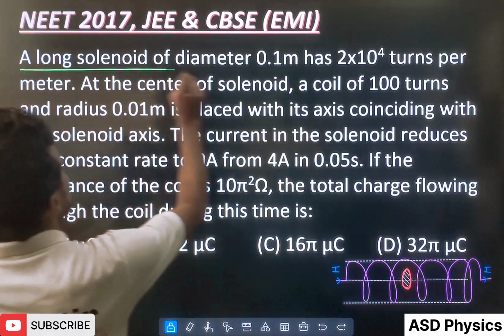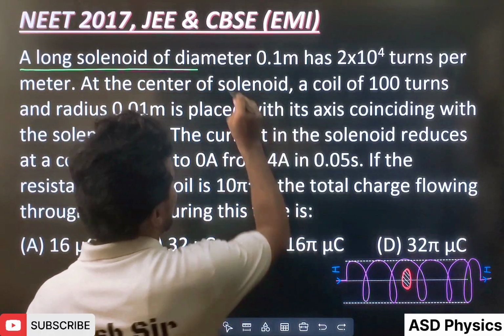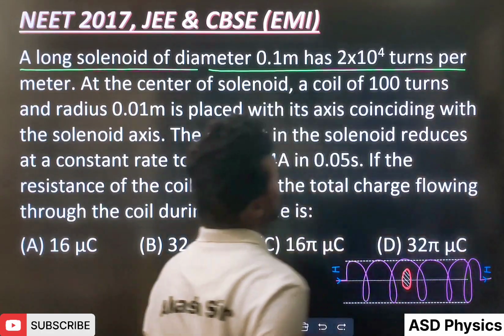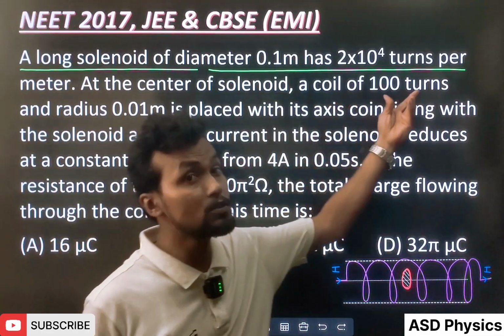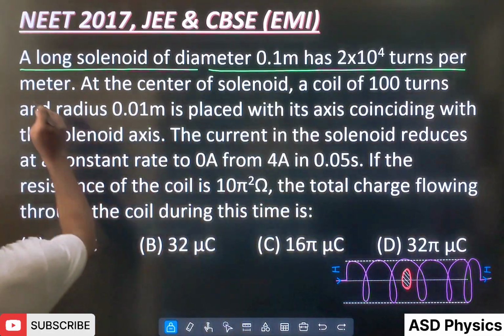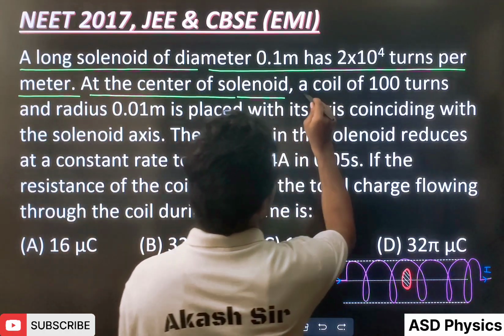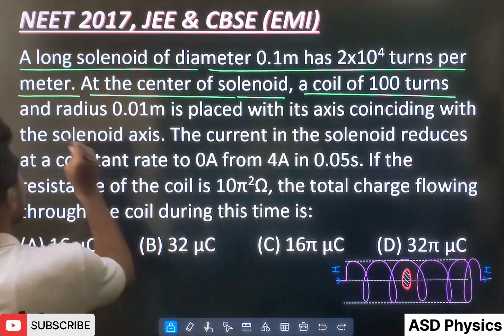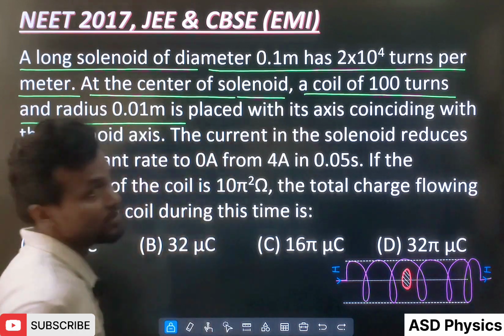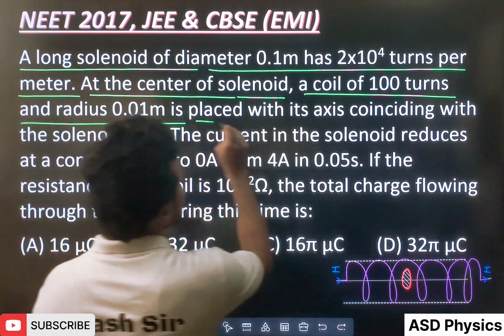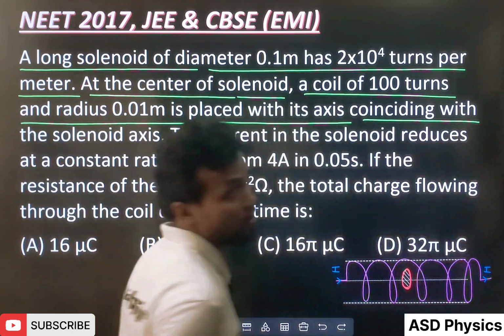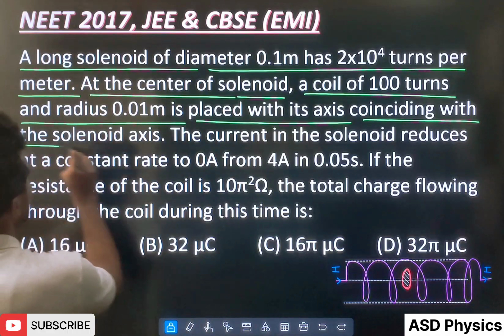Question is, a long solenoid of diameter 0.1 meter has 2 into 10 to the power 4 turns per meter. At the center of the solenoid, a coil of 100 turns and radius 0.01 meter is placed with its axis coinciding with the solenoid axis.